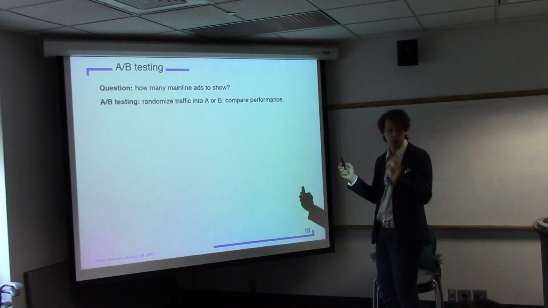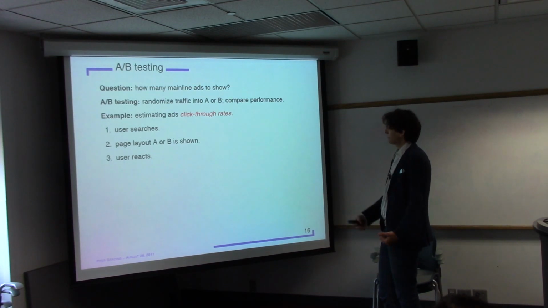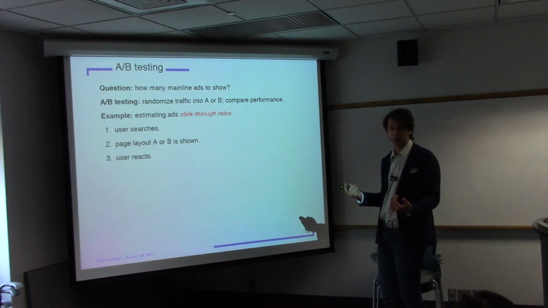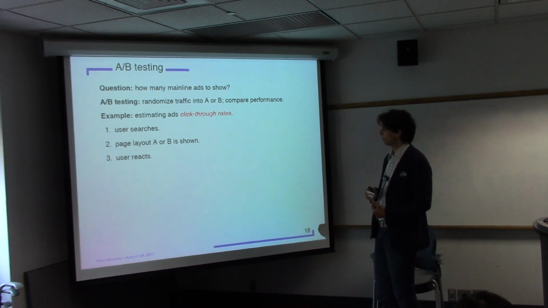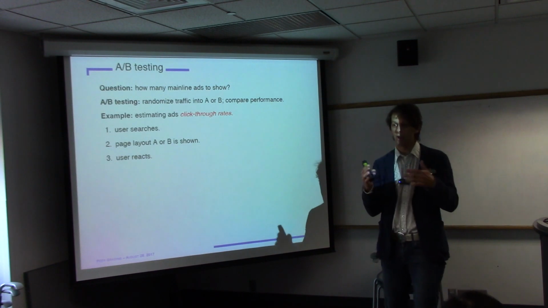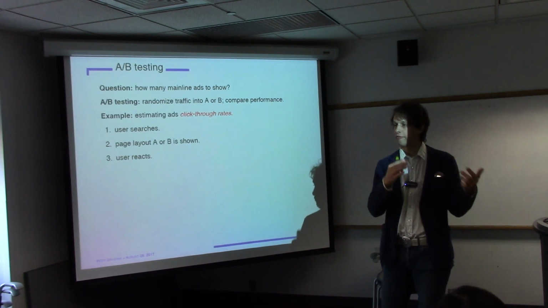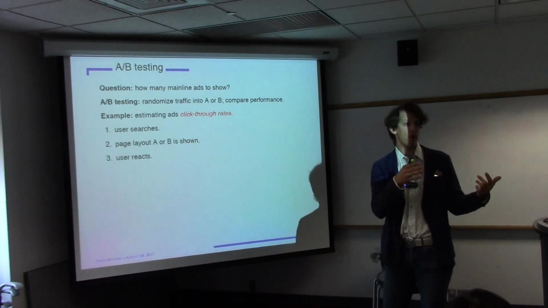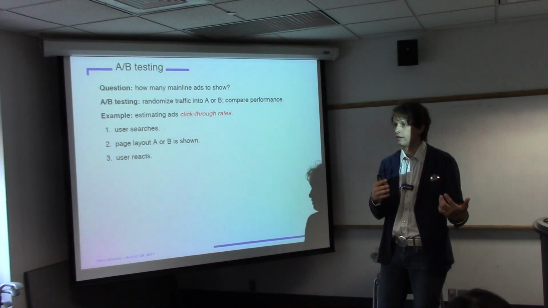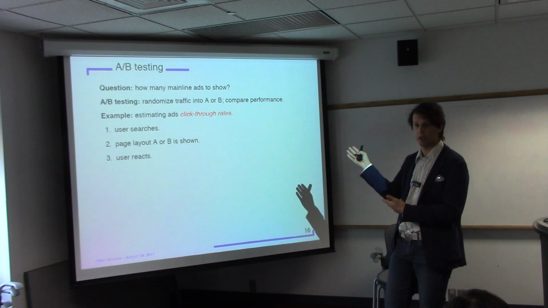This is randomizing the user traffic. If we were trying to estimate the click-through rates of the ads, this would actually be really good because the user searches, we randomize A or B, and then we observe their propensity to click on the first slot when we had only 1 mainline ad versus 3 mainline ads. That we can readily observe in this behavioral experiment.